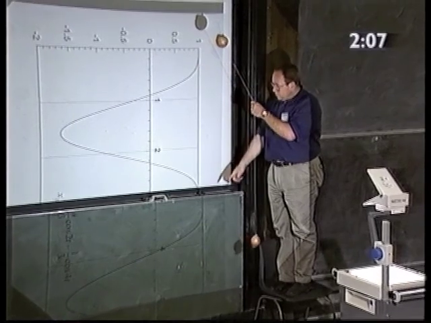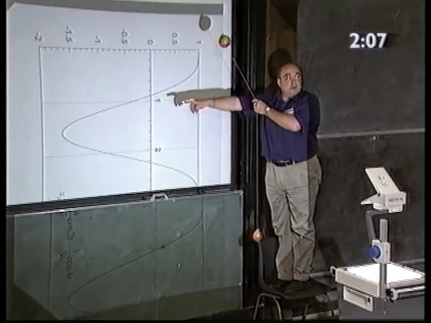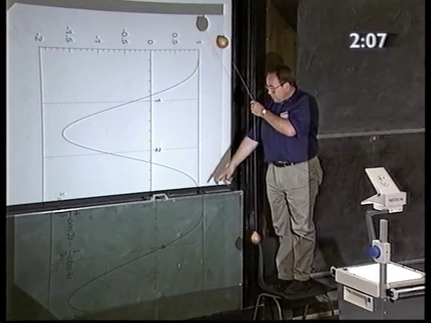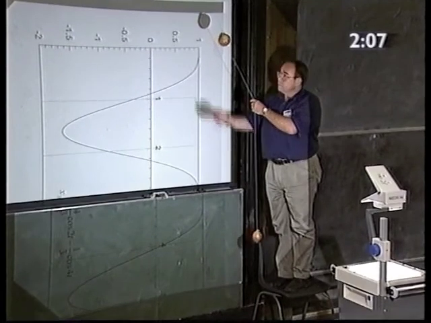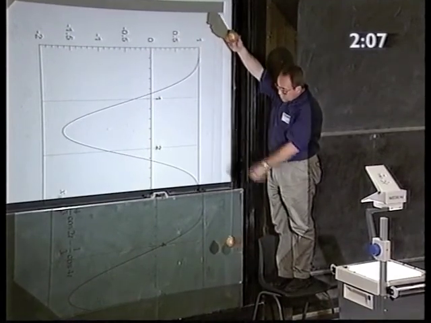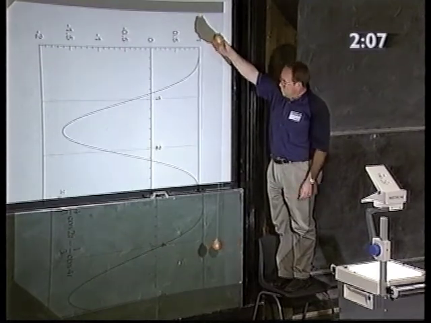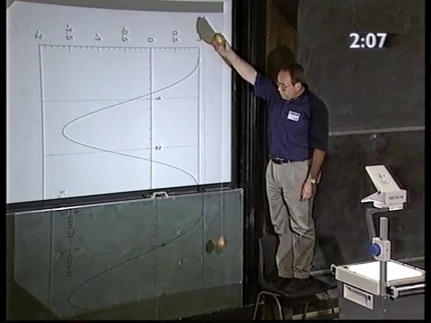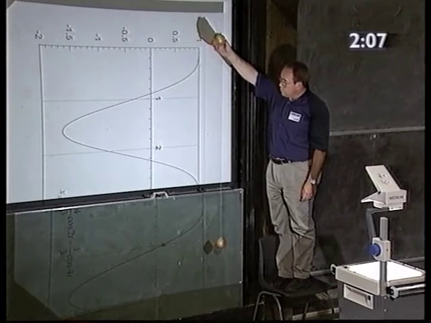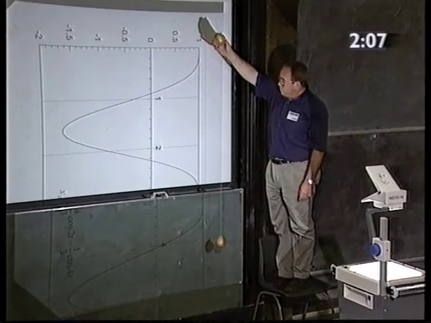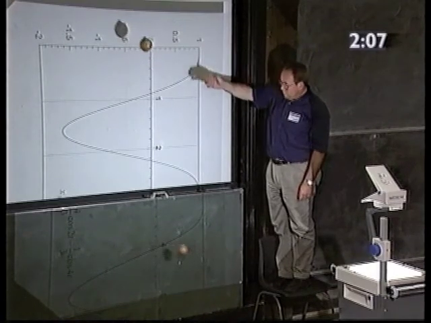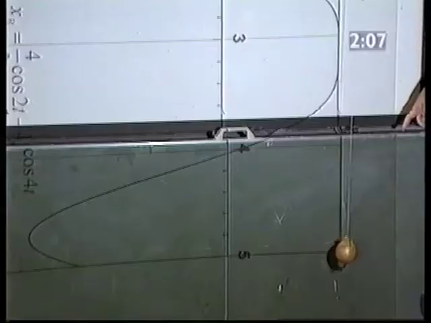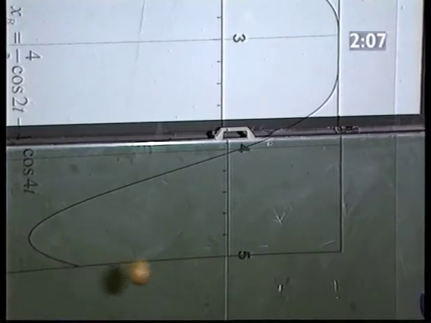So it's predicting that this is going to fly out quite a long way and then come back and dwell. And the period should be pi. So I'll let it run so you can see it, and we'll just check the period. See the dwell? Yeah.